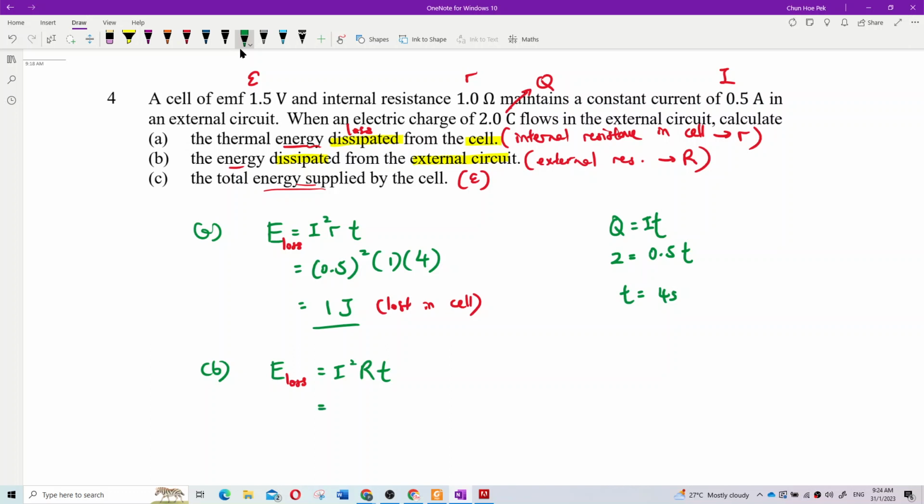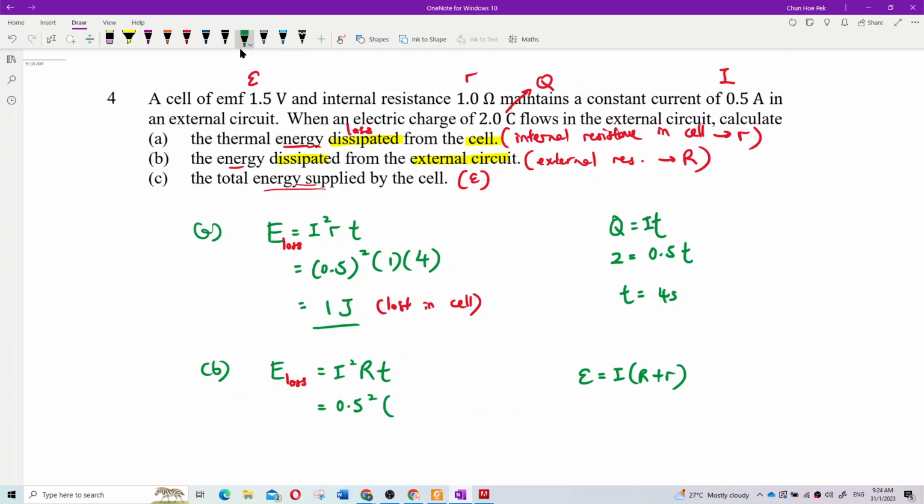So the current is 0.5, and capital R we don't have directly, but we have the EMF. It gives us the EMF so that we can find the external resistance. EMF equals current times R plus small r, correct?